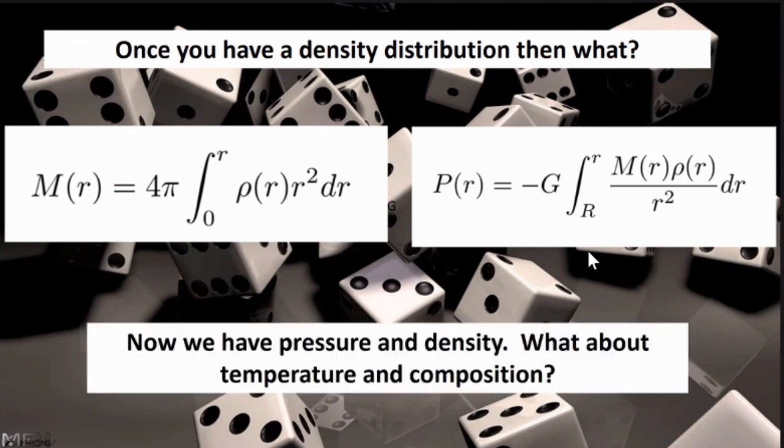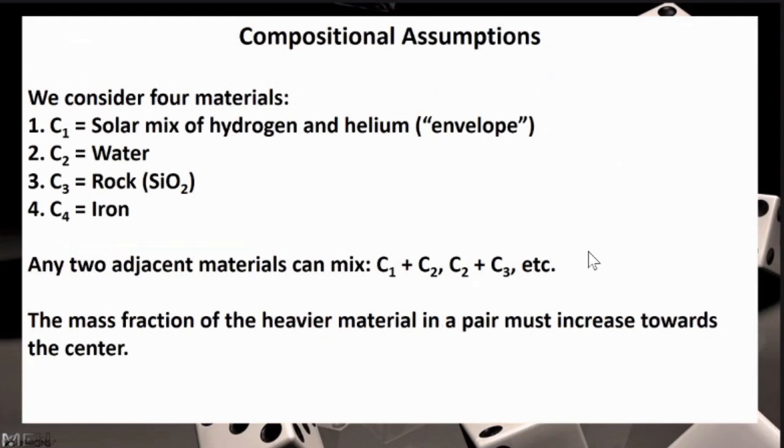So we have tricks. Here is one algorithm that we use. And this part at least has some physics in it. We consider 4 different materials. We can do more than 4, but the 4 materials in our case are a solar mix of hydrogen helium, which we call envelope, water, rock, which is SiO2, and iron.